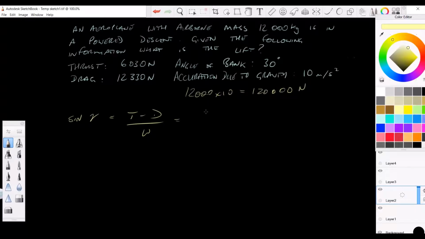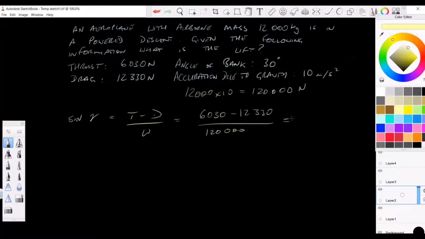Okay, so here we've got thrust minus drag over weight. So we've got 6,030 minus 12,330 newtons, divided by a weight of 120,000 newtons.